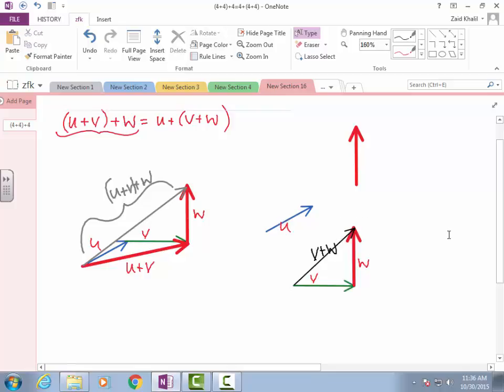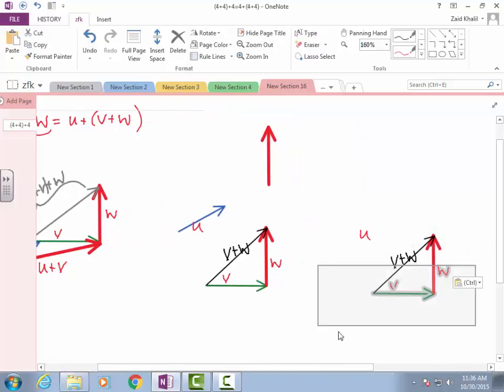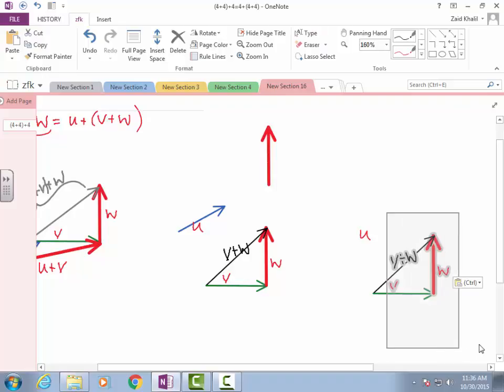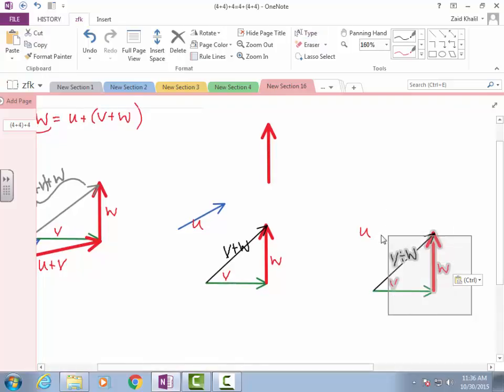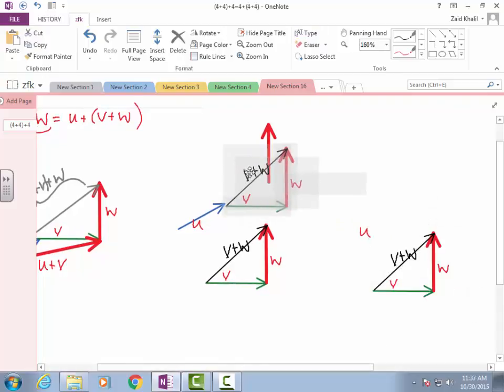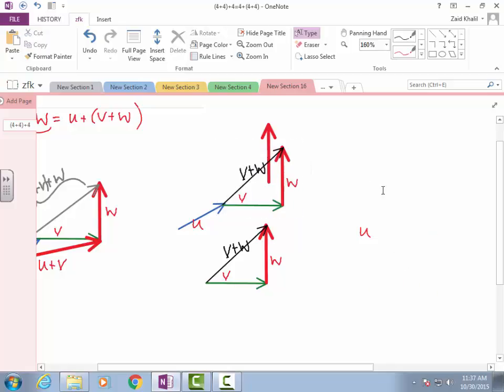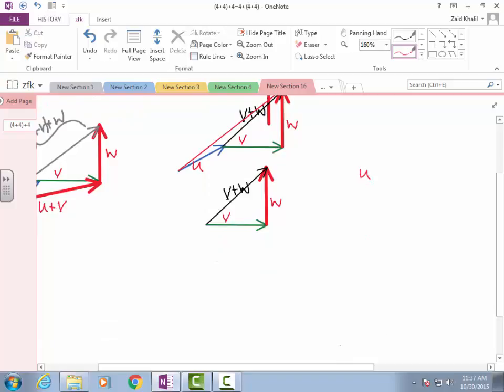Control C, Control V. And there you go. And now, this right here is, what's that vector?